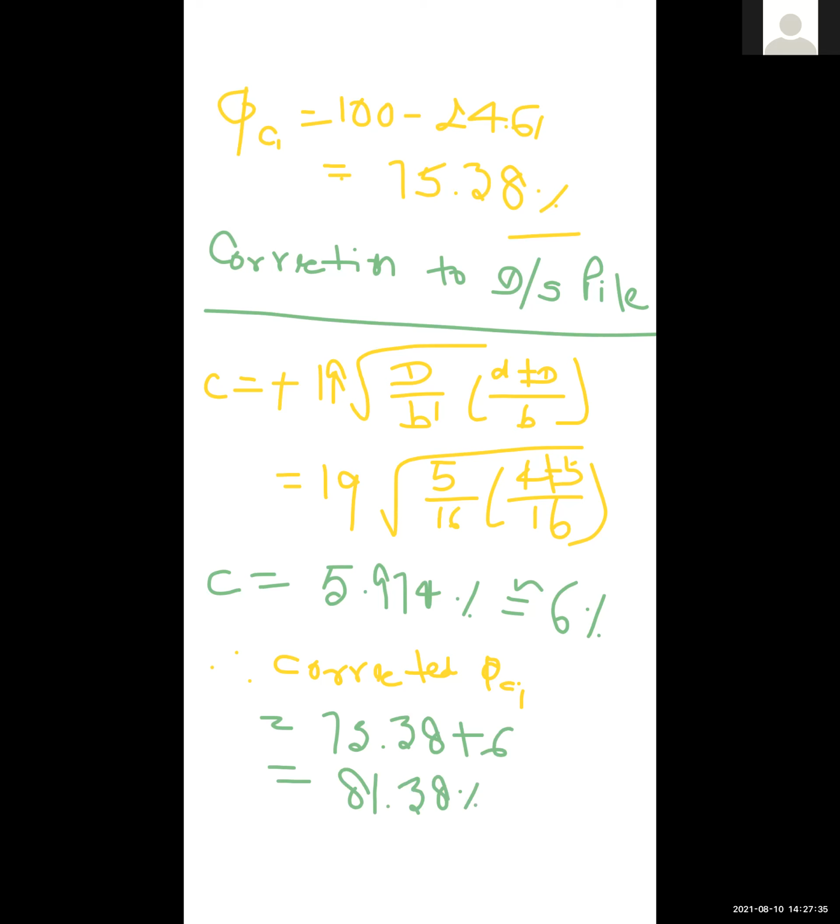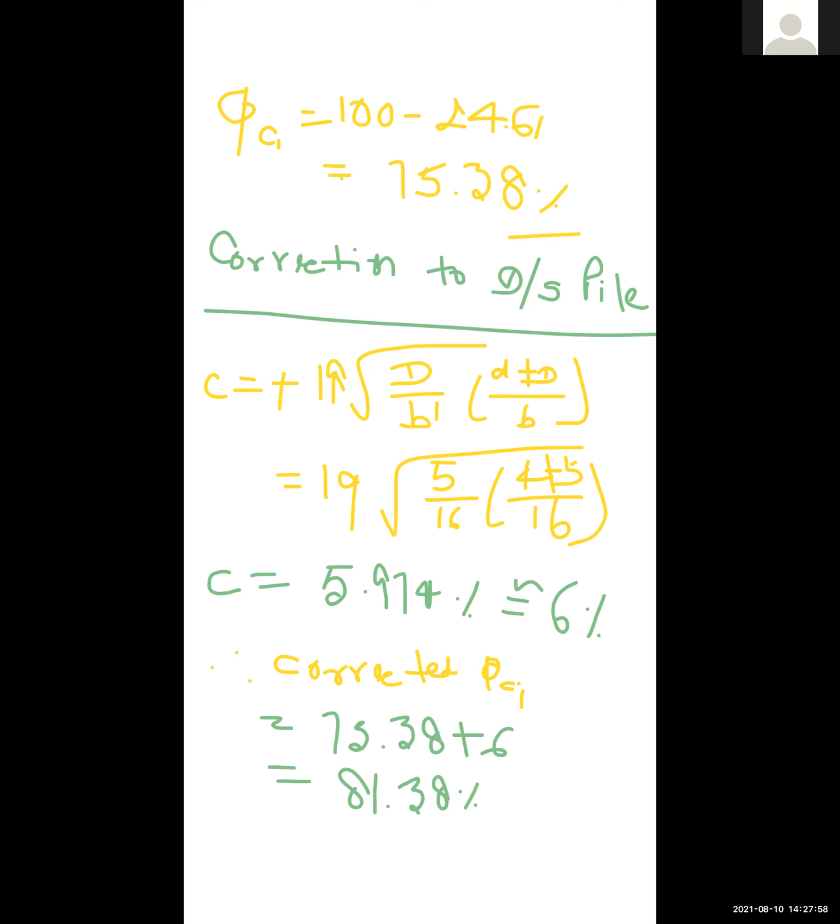This is the correction due to the downstream side pile. The correction due to the downstream pile, that is phi C1, this value is 81.38%, and the correction in the upstream side pile, that value is 25.38%.